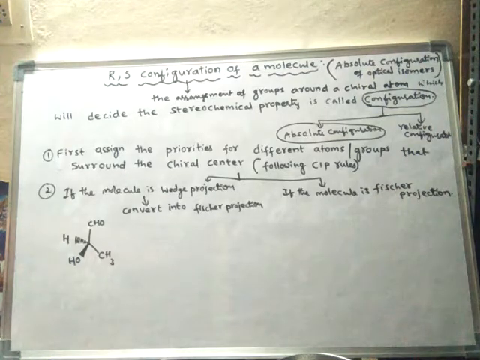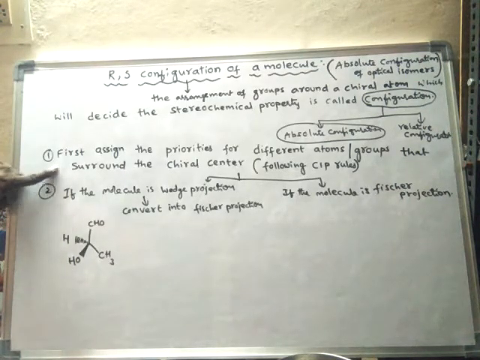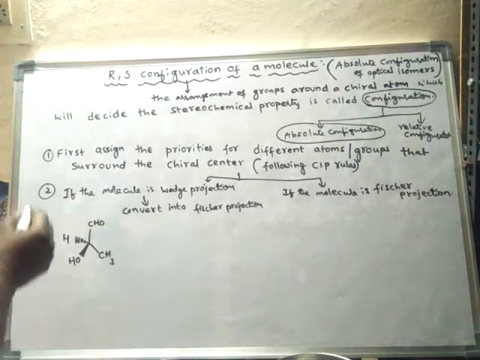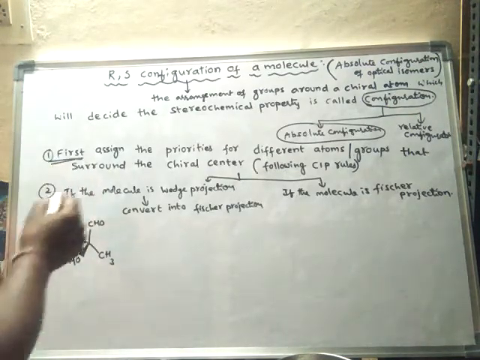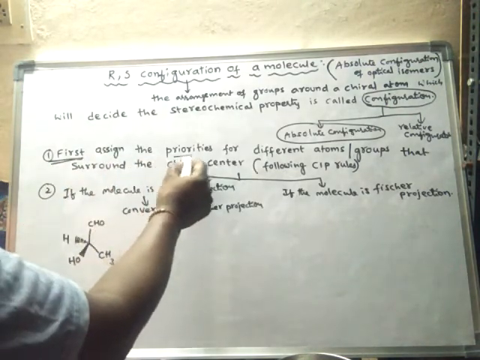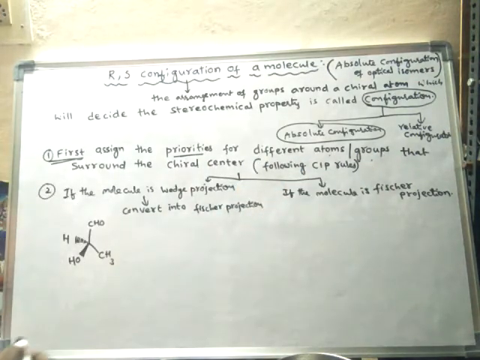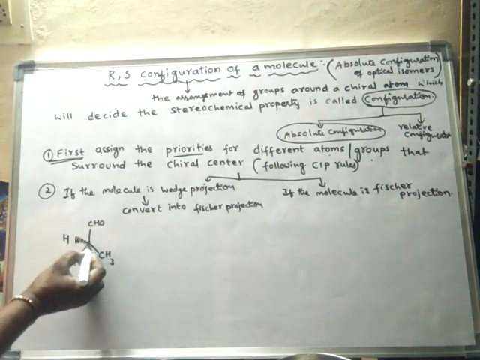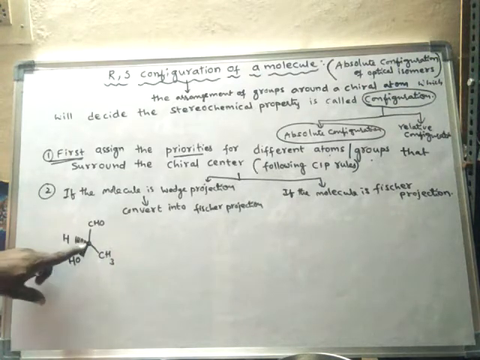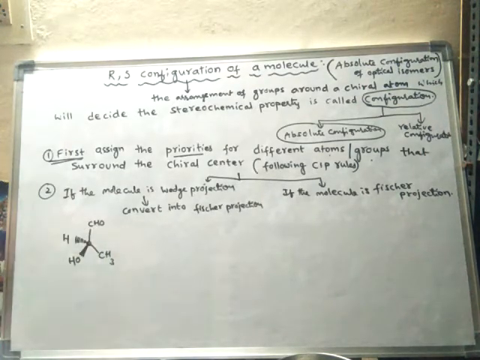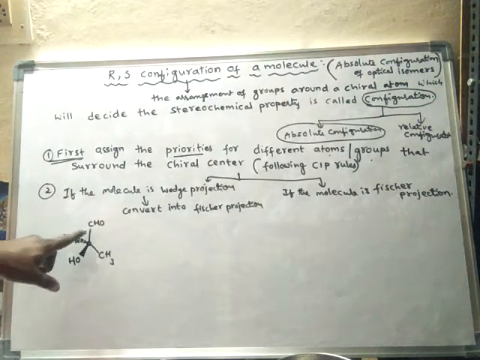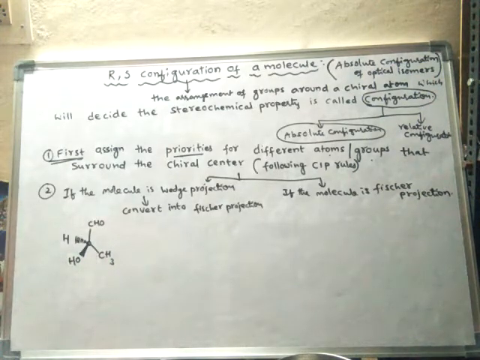In RS configuration or absolute configuration, first of all, we will assign priorities for the different atoms or groups. Suppose this is the chiral atom surrounded by four different groups. Now we will assign priorities: which group will get the first priority, which will get the second, and so on.